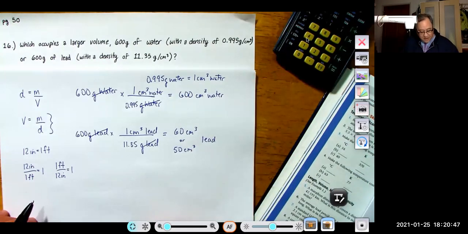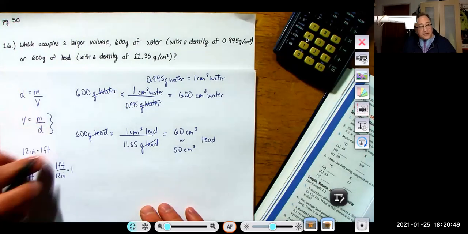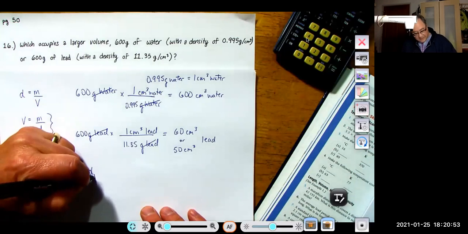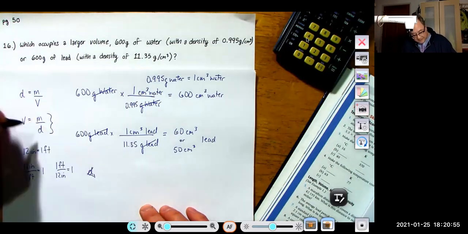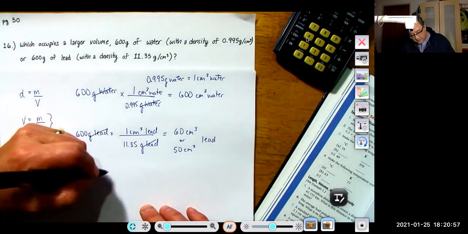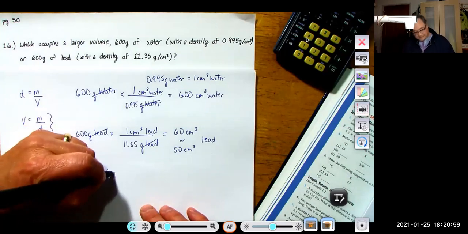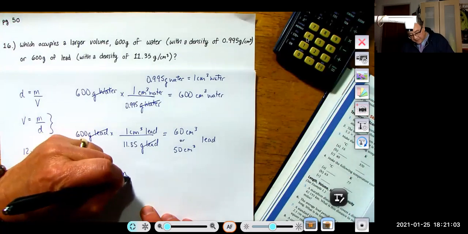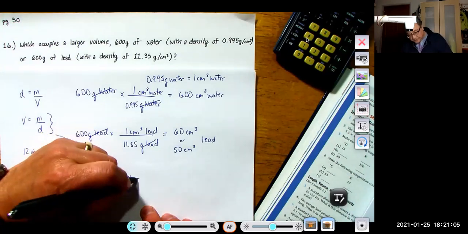Okay, now let's use the formula and see if we get the same answer. So we're going to put D, actually, I'm going to use this right here. VW, volume of the water, is the mass of the water divided by the density of the water.